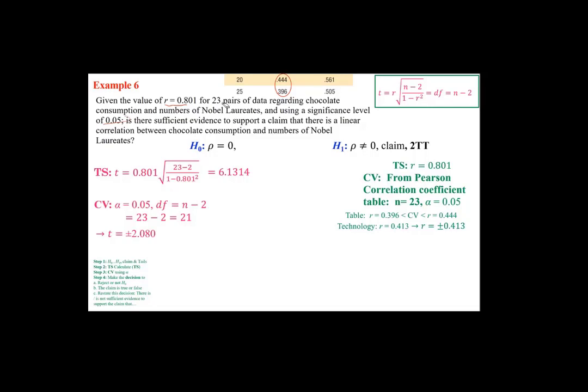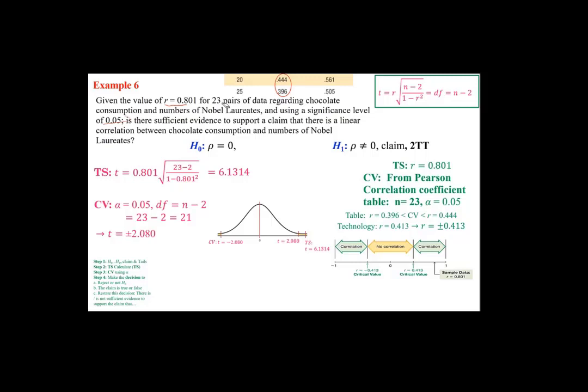So let's look at the graphs. This is the graph for the t distribution. Obviously, the test statistic is beyond 2.080. It puts it in the rejection region. If you look at the other one, what happens? Basically the same thing.